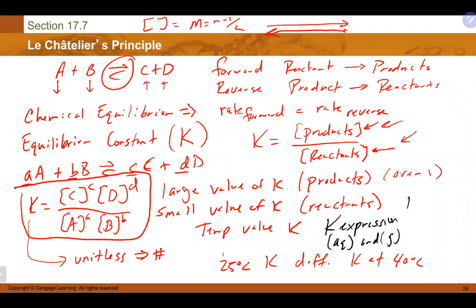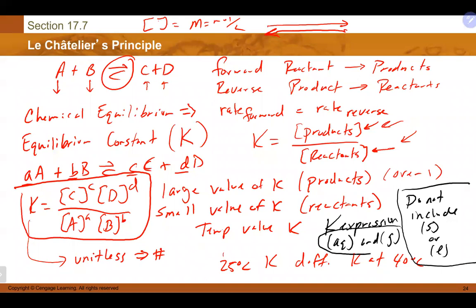We do not include anything that is solid or a pure liquid. So solids and pure liquids do not get included in the K expression. Anything that is aqueous or a gas does get included. Any questions on that?